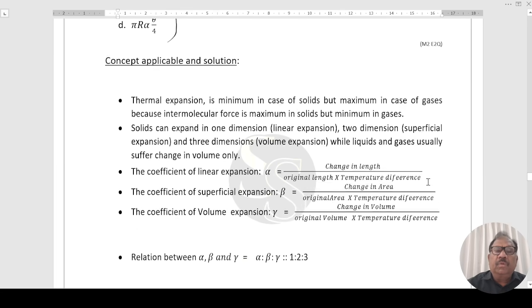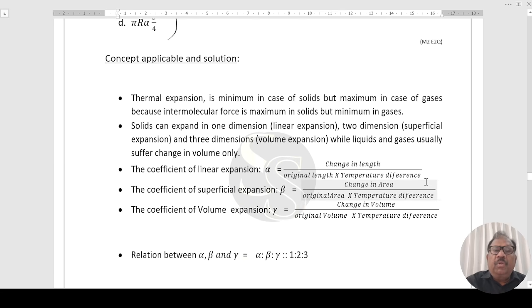Concept applicable in the solution: the topic is thermal expansion. Thermal expansion is minimum in solids but maximum in gases, because intermolecular force is maximum in solids but minimum in gases. Solids can expand in one dimension as linear, in two dimensions as superficial, and in three dimensions as volume expansion, while liquids and gases usually suffer change in volume only.